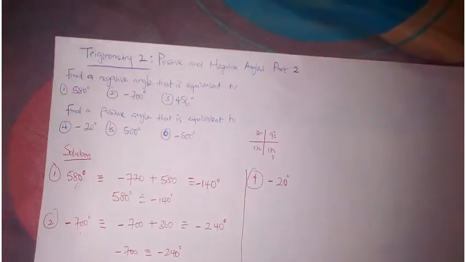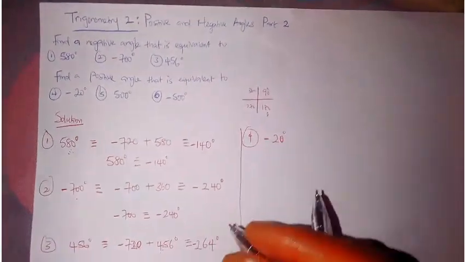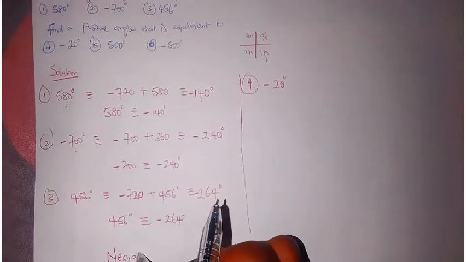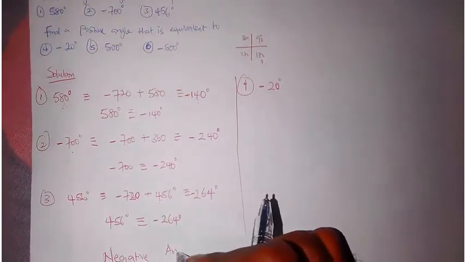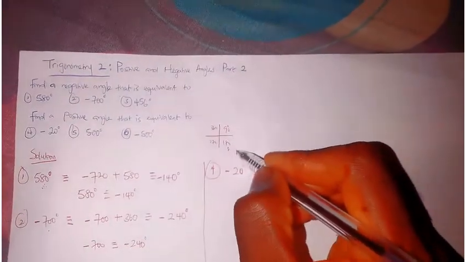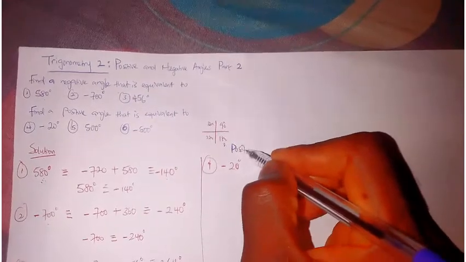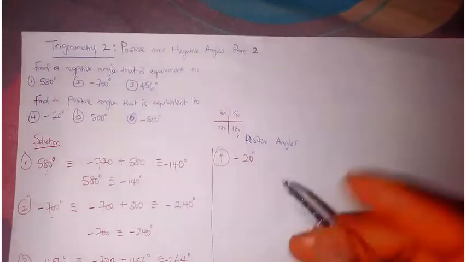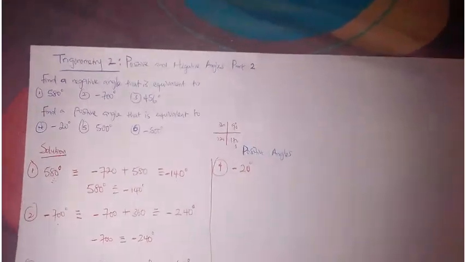So we first did it for negative angles, and now we're having this for positive angles. For minus 20 degrees, what do I have?